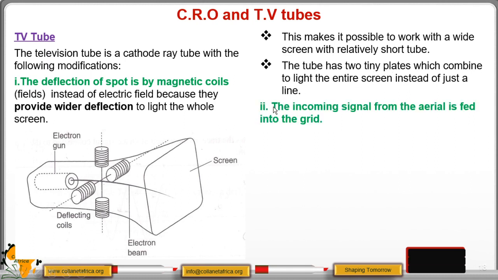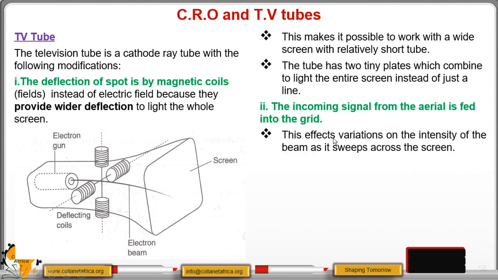Then the second modification is that the incoming signal from the aerial is fed into the grid. And this affects the variation of the intensity of the beam as it sweeps across the screen. So the incoming signal is fed directly to the grid, and this will cause variations of the intensity of the beam as it sweeps across the screen.